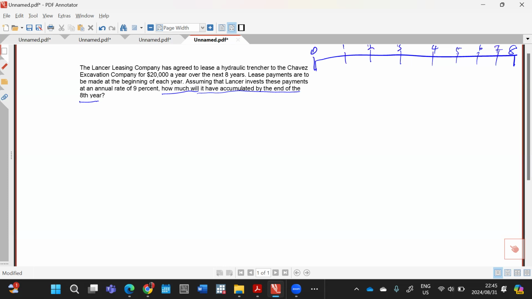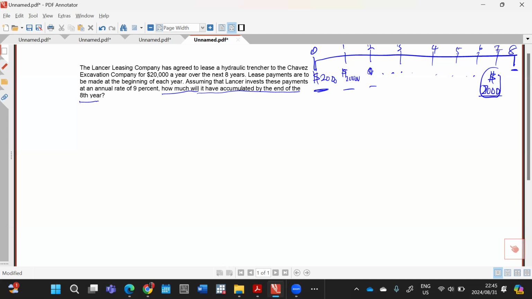And the lease payments are to be made at the beginning of each period, right? Period 1, period 2, all the way up to the 7th year. Why the 7th year? Because remember, the payments are being made at the beginning of each period. So the beginning of year 8, that's where we are going to receive the last payment.